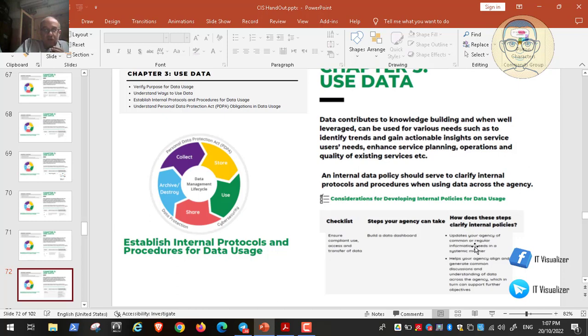Updating your agency's common or regular information needs in a systematic manner helps your agency align and generate common discussions and understanding of data across the agency, which is internal anyway. So when you have an internal data policy, the first thing you should do is make clear documentation about the types of data, describing each type of data, and make a dictionary for the data and the vocabulary associated with it.